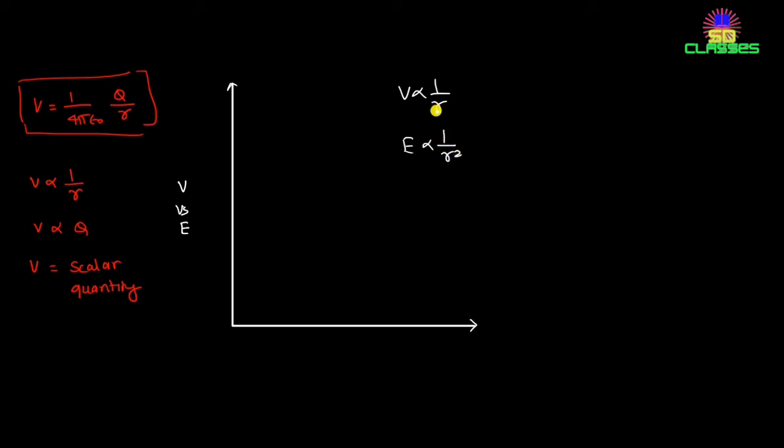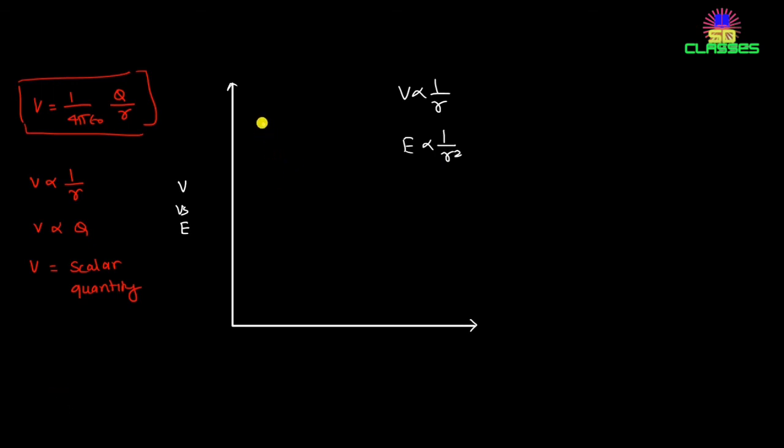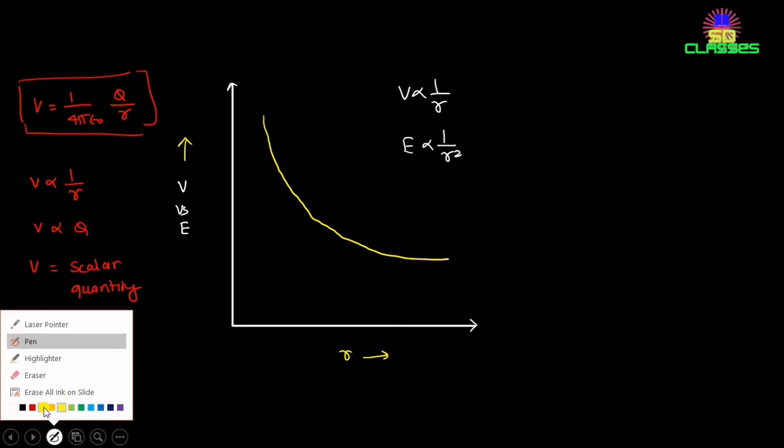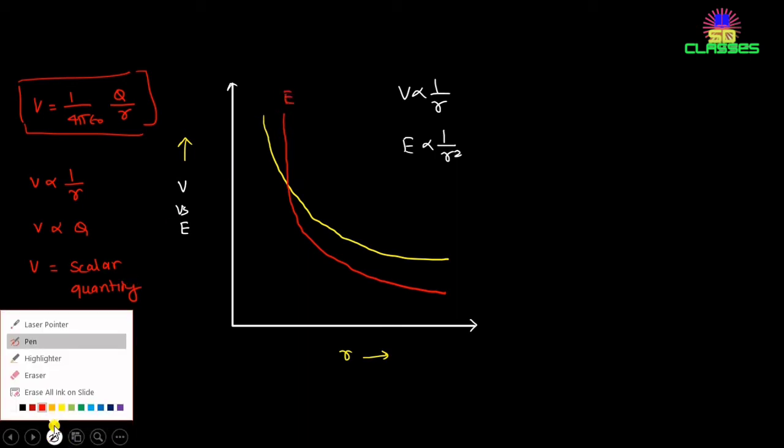So if we draw the graph, for V we can draw the graph like this, decreasing. This is the r axis and this is V and E. We can put a red mark for E, so it may be like this. This is the E graph and the yellow one is your V graph.